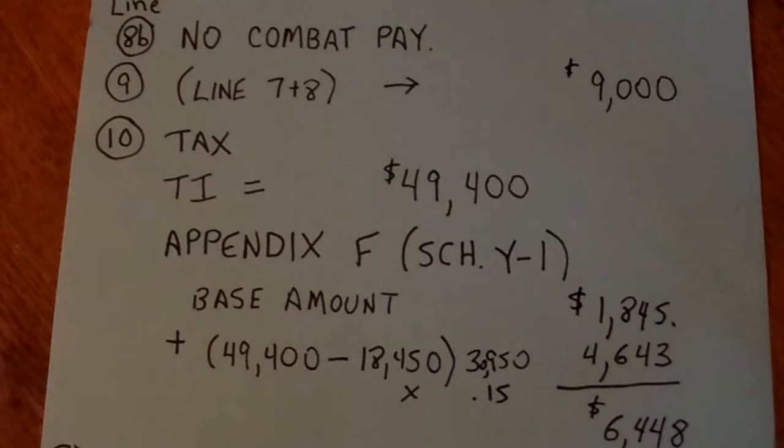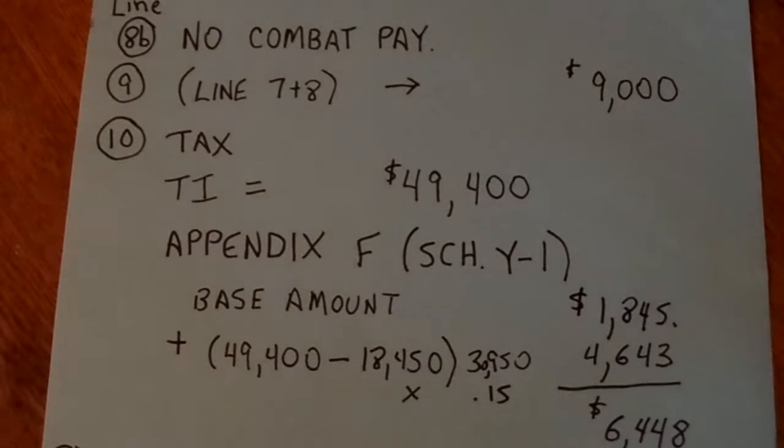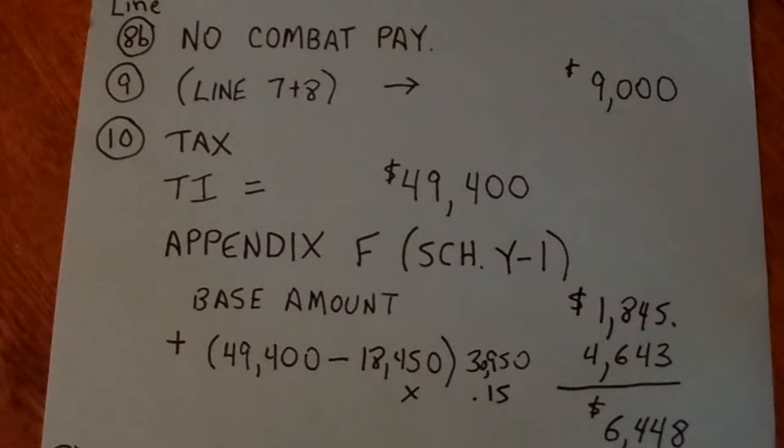From Appendix F, I'm showing you that if a person has taxable income of $49,400, you would use Schedule Y-1, which is a married filing jointly schedule. Their base amount here is $1,845. That's base tax. And then they subtract from the taxable income the $18,450 that the table tells them to take.